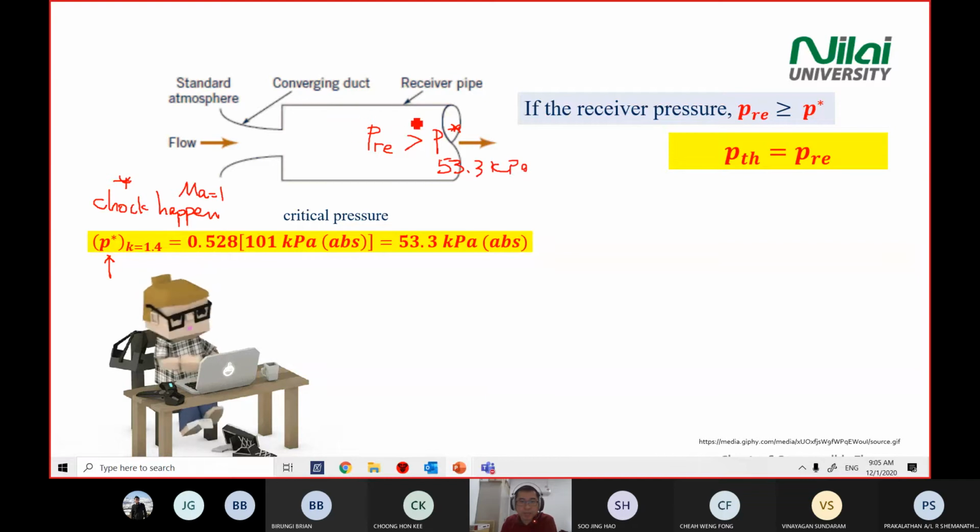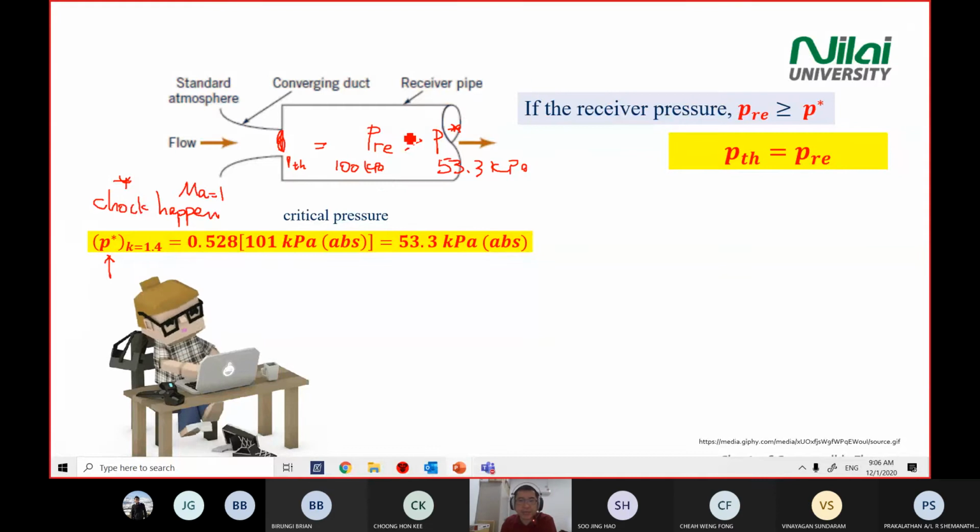If your receiver pressure is more than 53.3, let's say the pressure inside the receiver is 100 kilopascal, what does it mean? It means your pressure at the throat will be equal to 100 kilopascal.